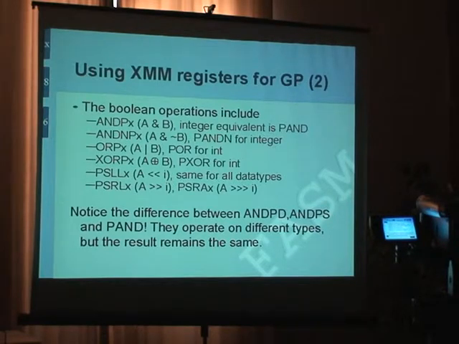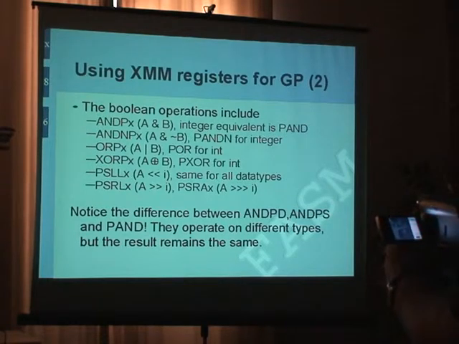We have a lot of logical operations, some shifts, and we usually use them only on XMM registers, but we can always use them on memory, and we don't even use general purpose registers for it. And here's also the point where we have multiple AND operations, but they act the same, we just need to choose the right operation for the right data type.